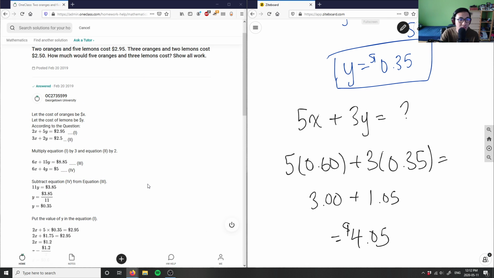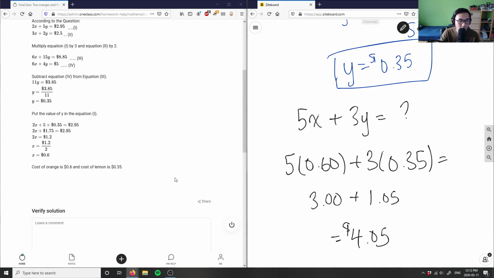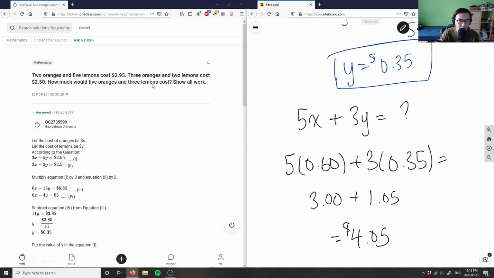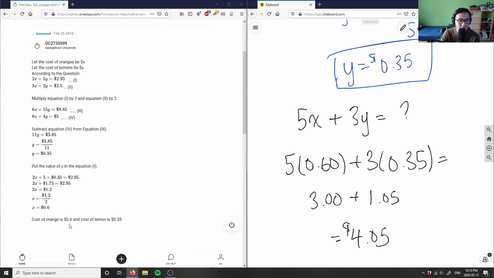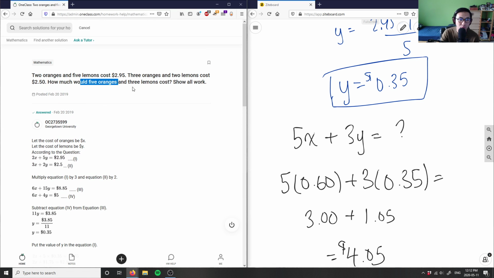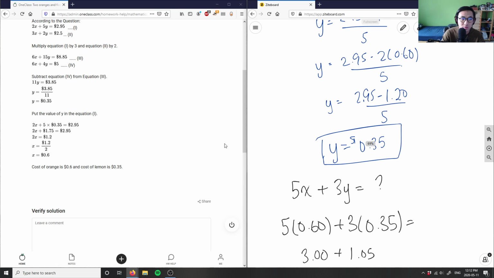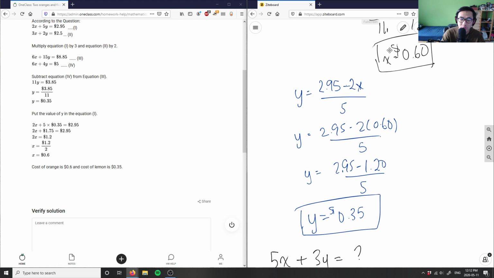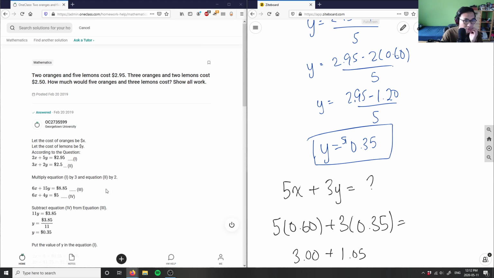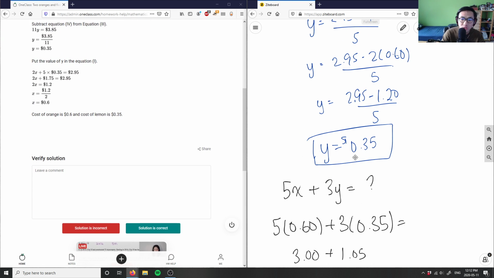I don't think they actually wrote the solution to the problem. So the solution here is actually incomplete, because they only gave me the cost of the orange and the lemon, and they didn't give me how much 5 oranges and 3 lemons would cost. But their work is correct, they showed the exact same amount of work for this 0.60 for x and 0.35 for y.